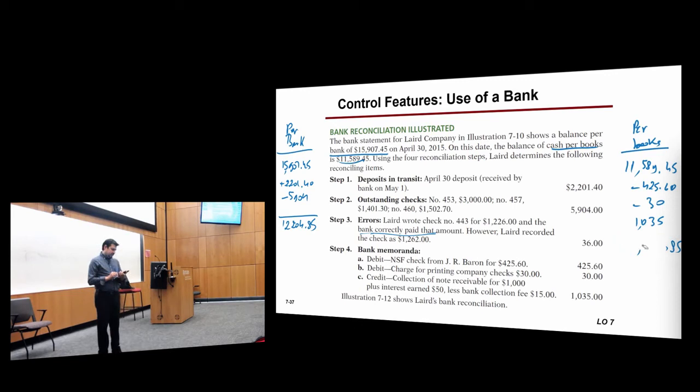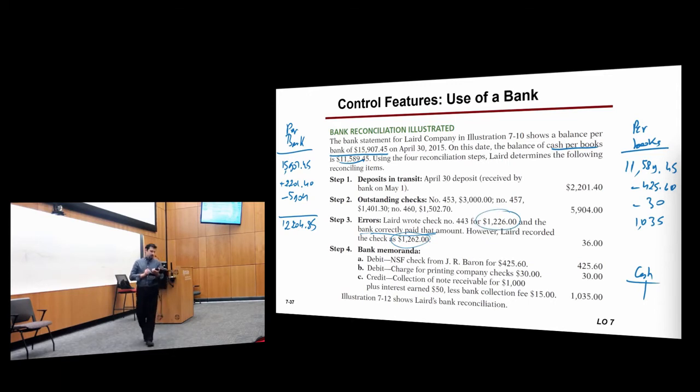So let's fix it. The mistake was here, right? The easiest way, when you have an error, and here you're only looking at the cash part of it. The company wrote a check for 1,226. However, Laird recorded the check as 1,262. The company wrote the check, that means they made a payment.